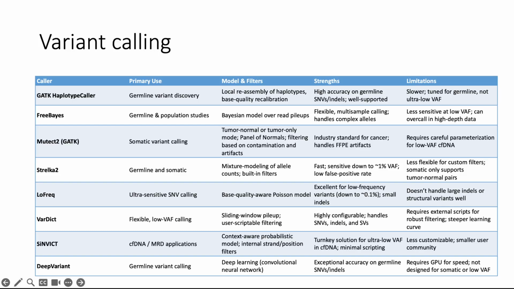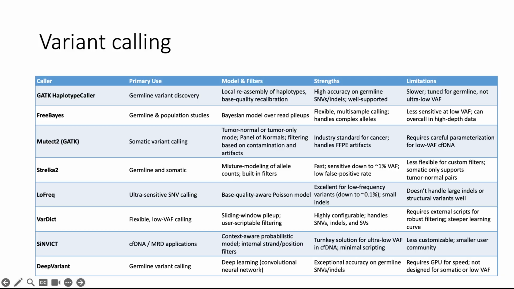It's also quite preferable for low and ultra low VAF in cell-free DNA, and it will require some tweaks to make it possible to use it.